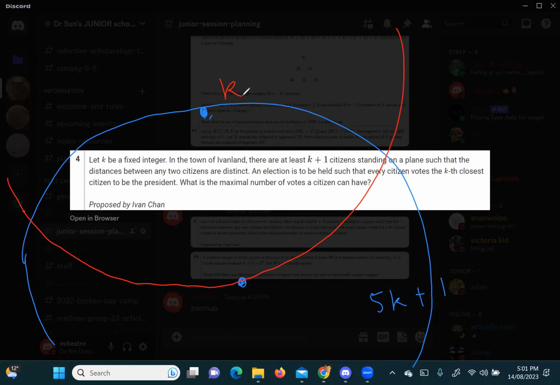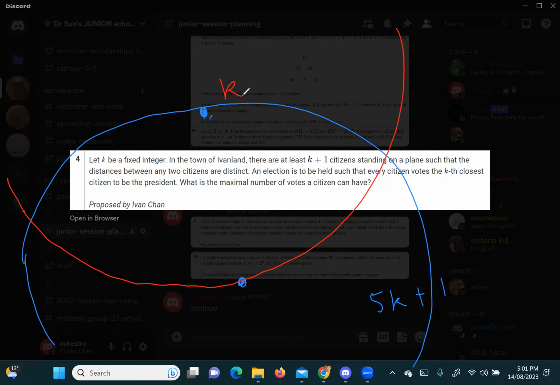Wait, what are you saying? Then you would count those people when the furthest voter is counting the K versus person. Oh, you mean the non-voters? Yeah. Oh, that's a very good suggestion. This is a high-level question, okay?